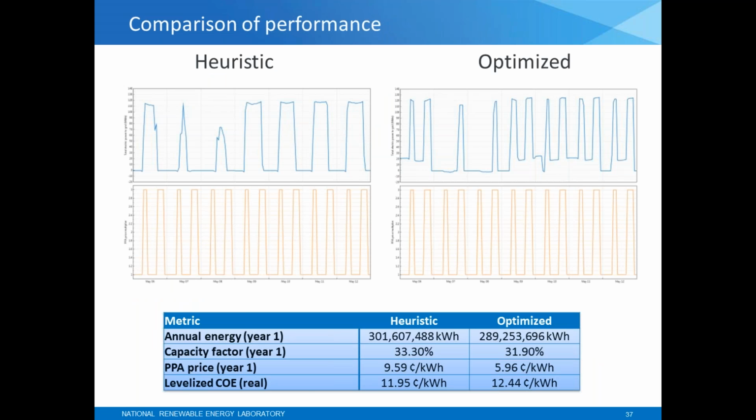All right, so to get to some of the results, we ran our case with the original method, and we got annual energy of about 300 gigawatt hours with a capacity factor of 33 and a PPA price of 9.6. And for the heuristic, I just pulled a few days, this is in May. You can see the price schedule here on the bottom, we have our morning spike and our evening spike.